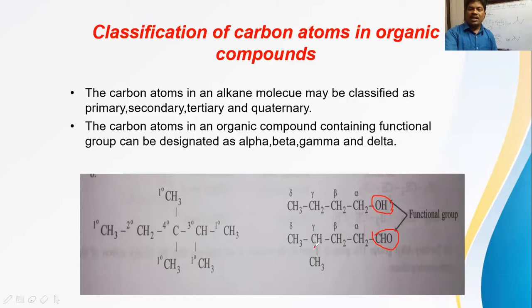Are you getting? So it is a gamma methyl compound. On the gamma carbon atom, there is one methyl branch. And the functional group CHO, the aldehyde group, is attached to this carbon, so it is taken as alpha carbon. So we can classify the carbon atoms in the form of alpha, beta, gamma, delta. Otherwise, primary, secondary, tertiary, and quaternary carbon atoms.